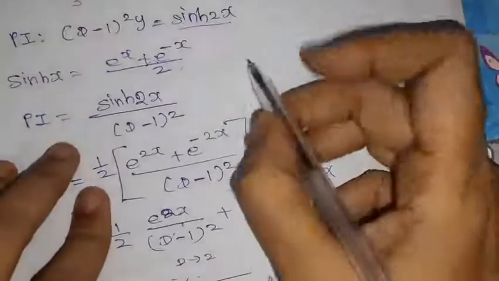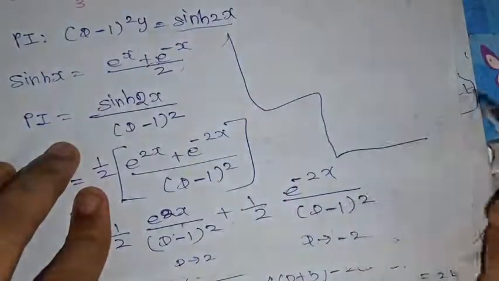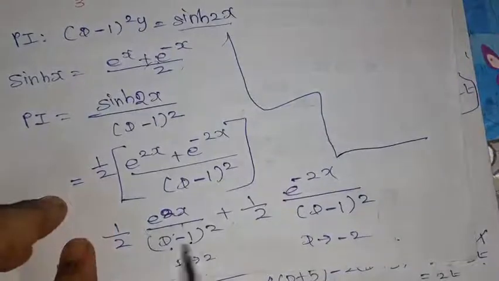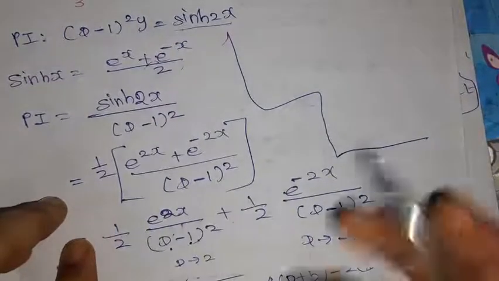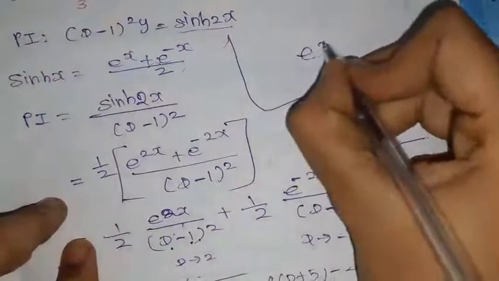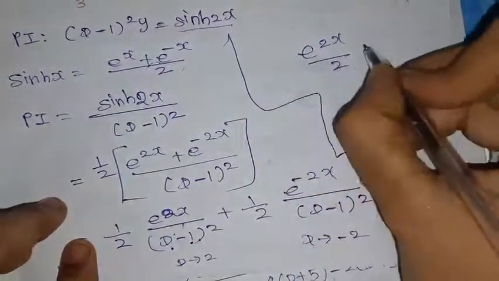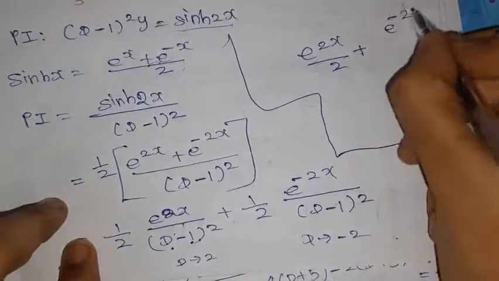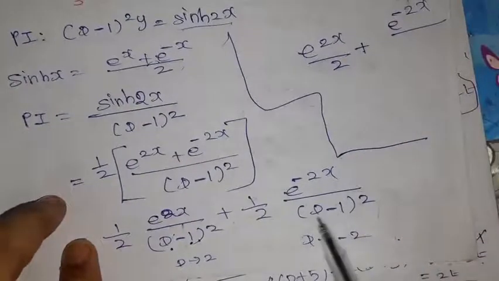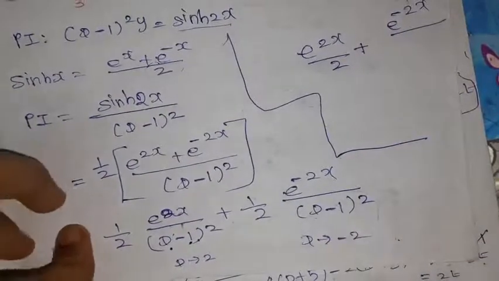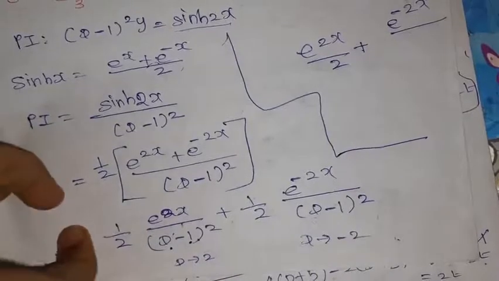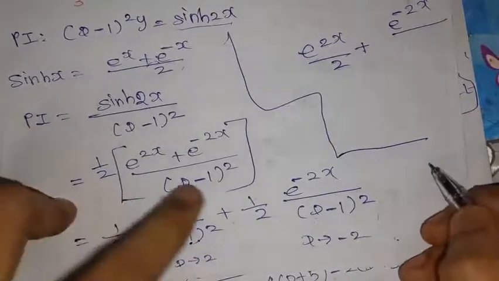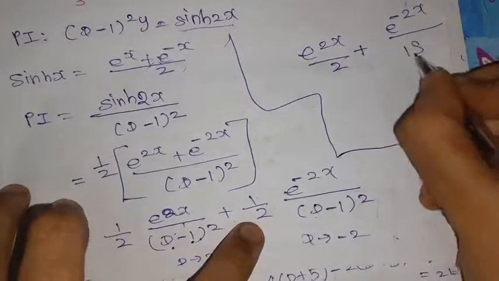So e power 2x: 2 minus 1 is 1, squared is 1 only, so e power 2x by 2. Here e power minus 2x: minus 2 minus 1 is minus 3, the whole squared is 9, into 2 is 18.